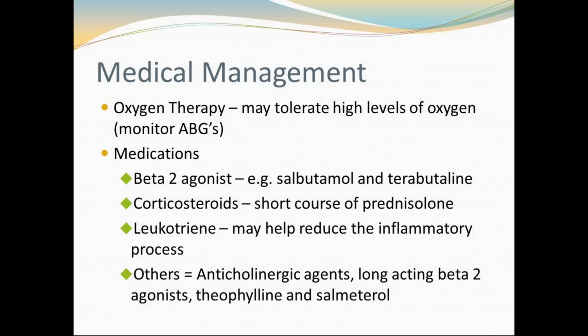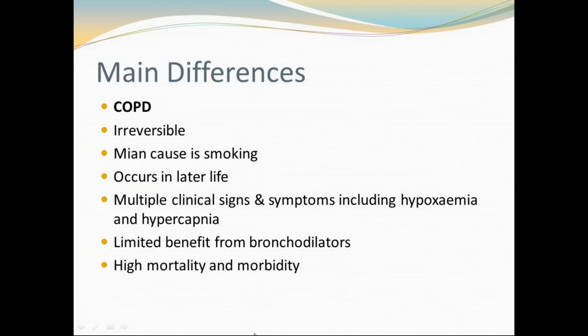Inhalers are around. There are B2 agonists, which relax the muscles. Steroids, in short courses, will reduce the inflammation, and leukotriene antagonists are also used for inflammation. And you can have long-acting ones for long term.